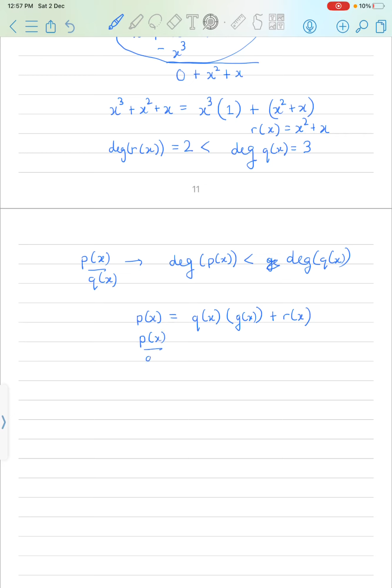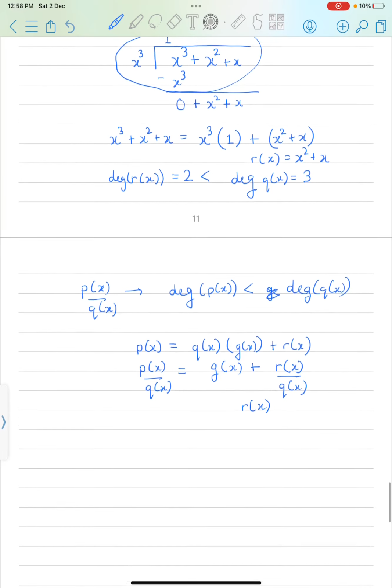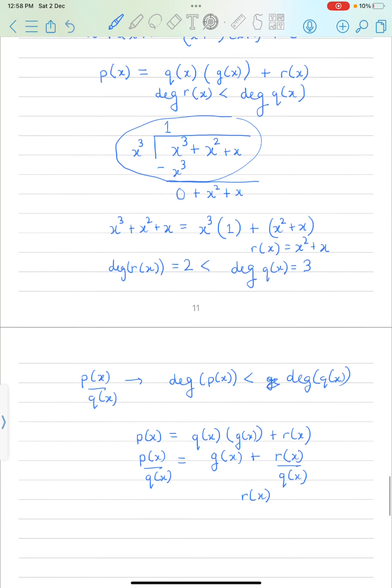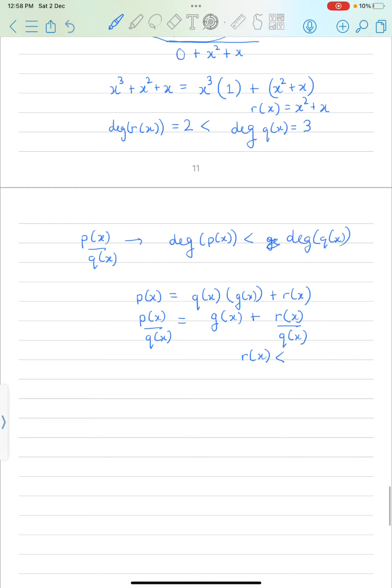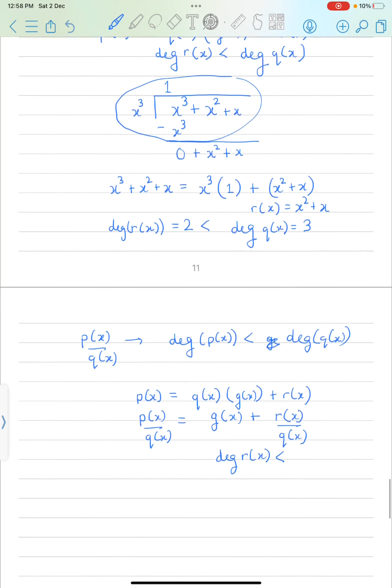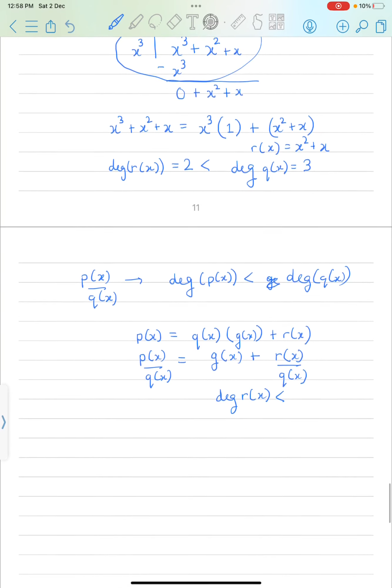and you will get G(x) plus R(x) by Q(x). Now R(x) has degree less than Q(x).